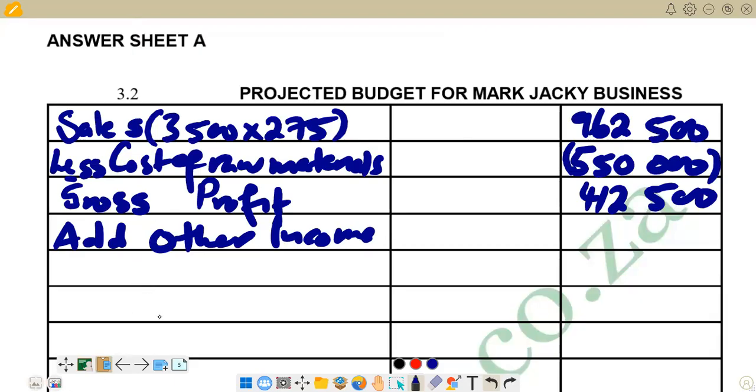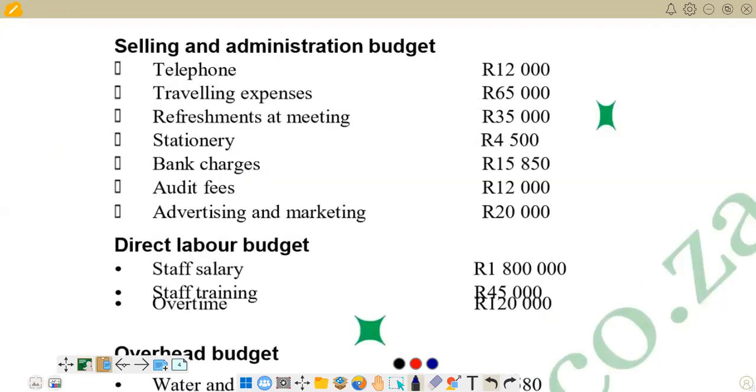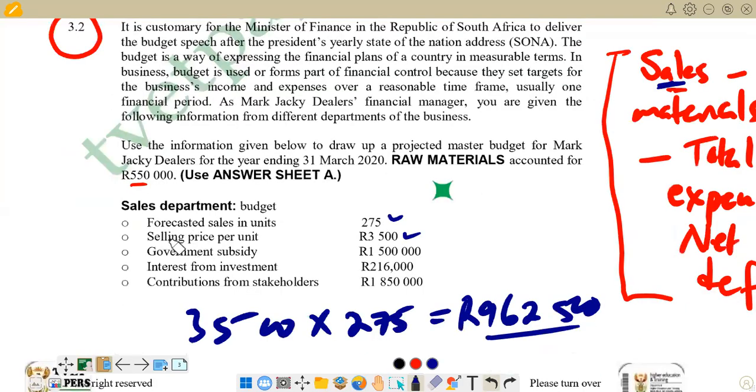When we list them, we add them, and the total is going to come here at this side. So we go and check what we have in the question in terms of other income. We are going to find it in this section. Remember, the sales we've already entered. So we can go to the other side.